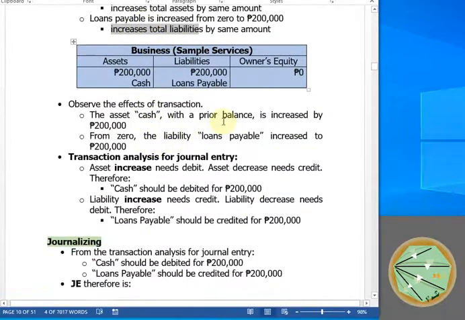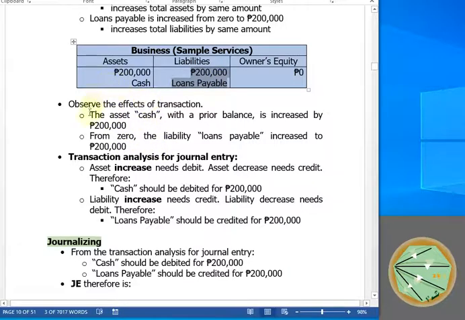So illustrating it on the table, this is what happened. The company, because of the loan, was able to increase cash because it received cash. But at the same time, because it has to pay that cash, it will recognize loans payable. And from 0 loans payable, the loans payable now has a balance, and that is 200,000. So that is why we have an increase also in the liabilities of 200,000.